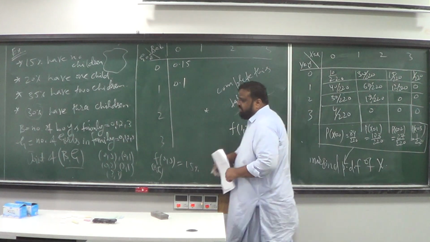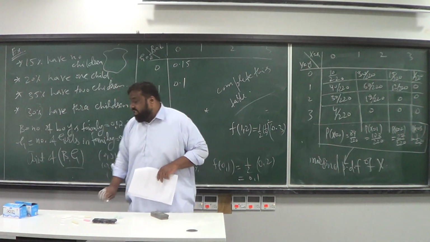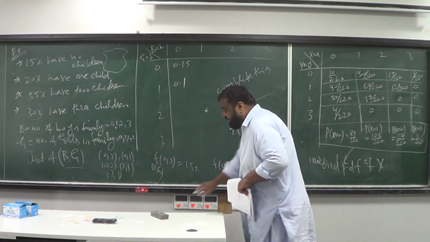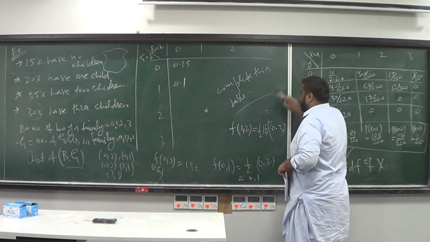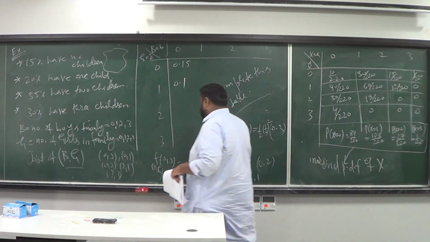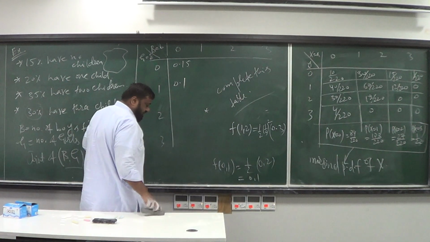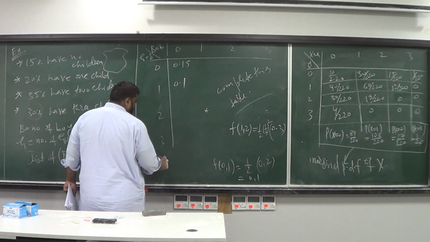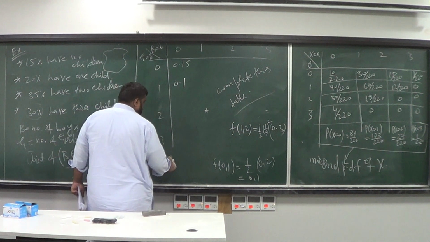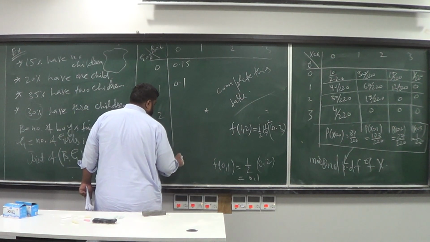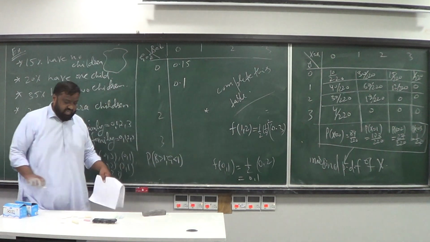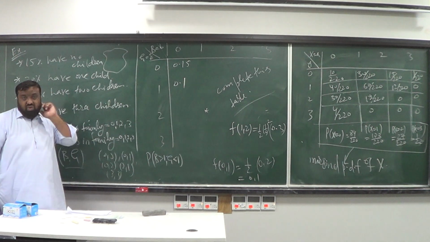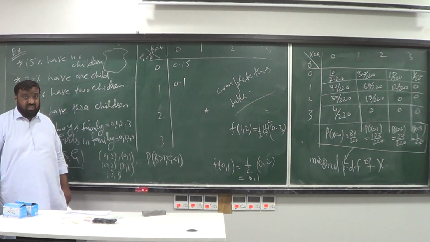For example, if I ask you, what is the probability that the number of boys is greater than 1 and the number of girls is less than 1 actually.